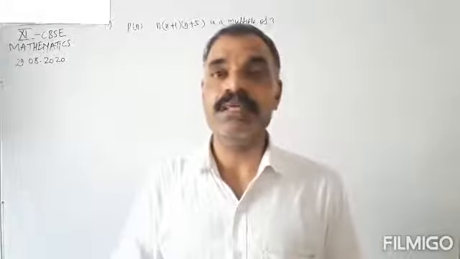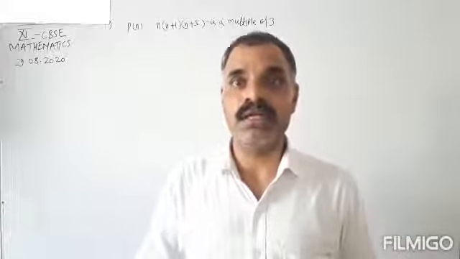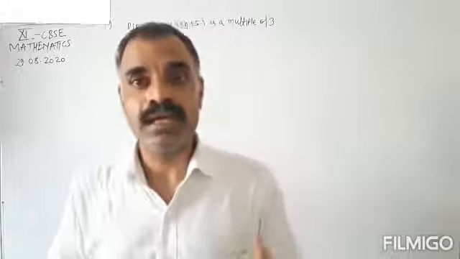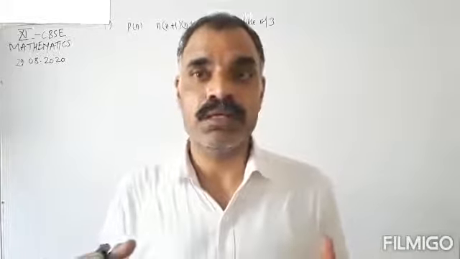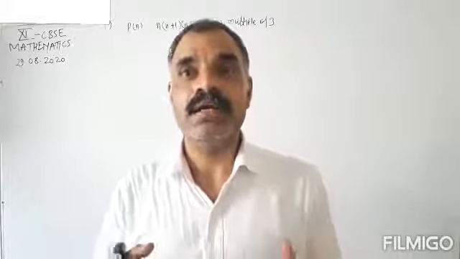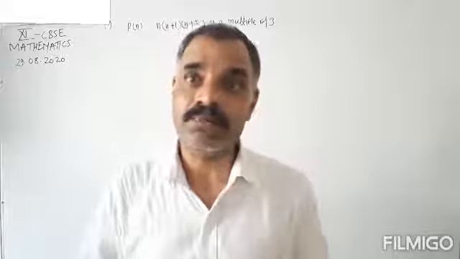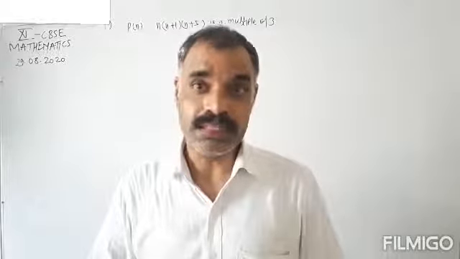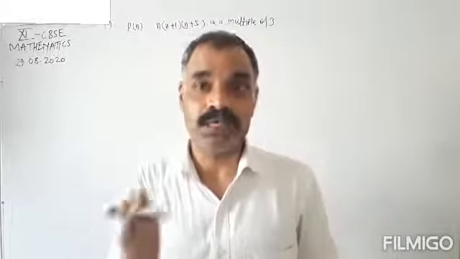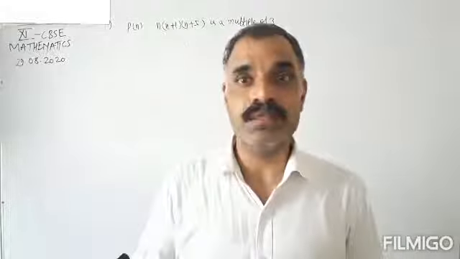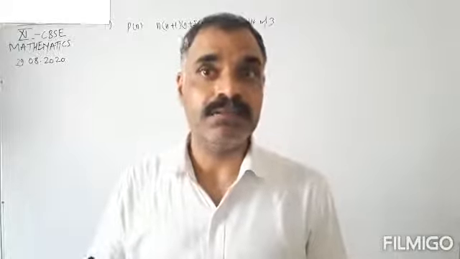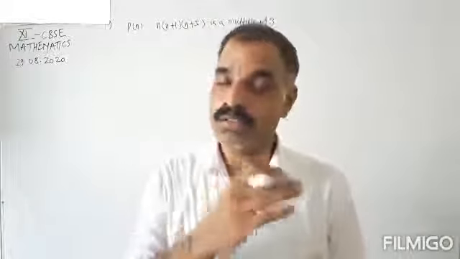When the given statement is true for n equals to 1 and n equals to 2, we say that it is verified. After that, in the second step, this is the assumption step, we assume that the given statement is true for n equals to k.